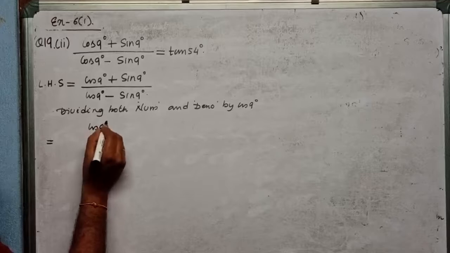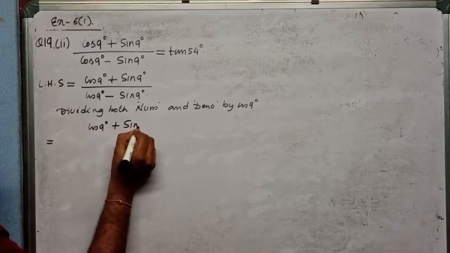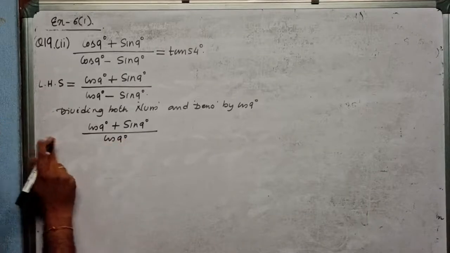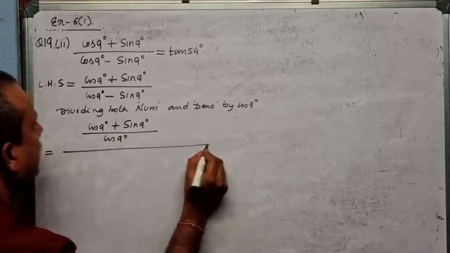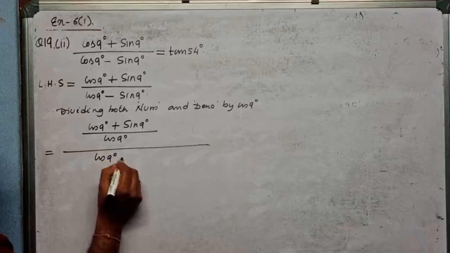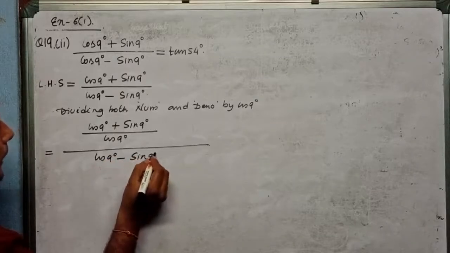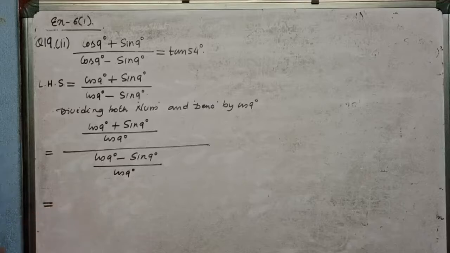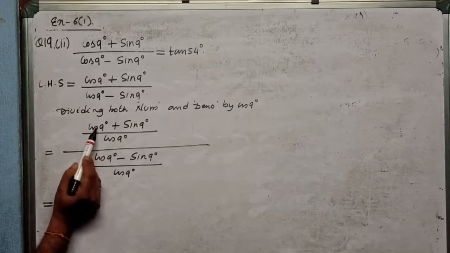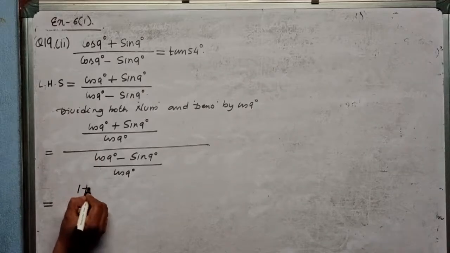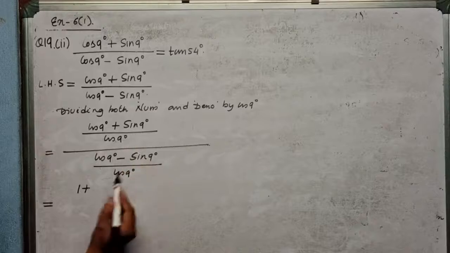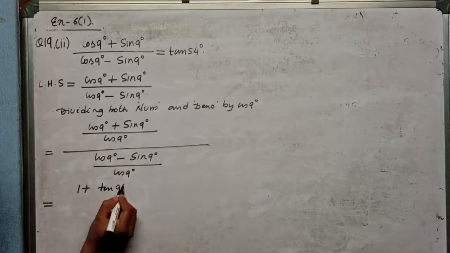This is a trick: dividing both numerator and denominator by cos 9 degree. The numerator is cos 9 plus sine 9 degree, and this method is applicable in calculus class 12. The denominator is cos 9 degree minus sine 9 degree, divided by cos 9 degree. Now I'll divide individually. Cos 9 degree divided by cos 9 degree is 1, plus sine 9 degree divided by cos 9 degree; sine over cos is tan 9 degree.